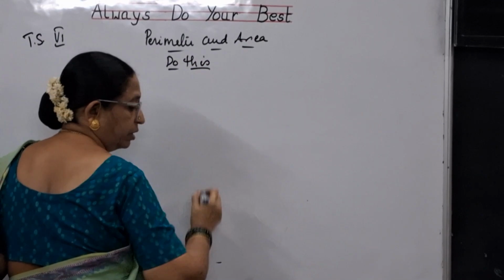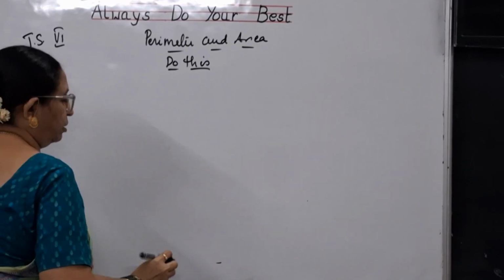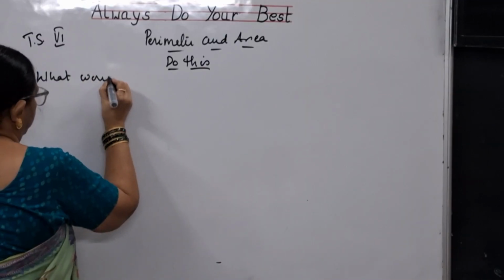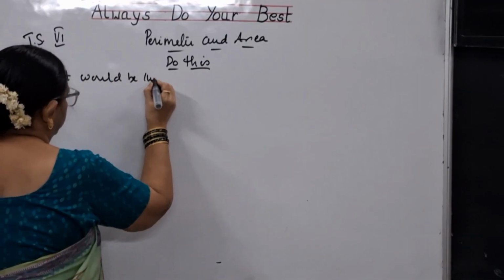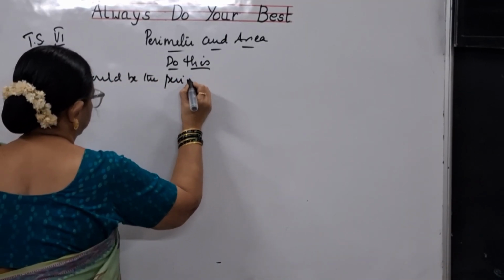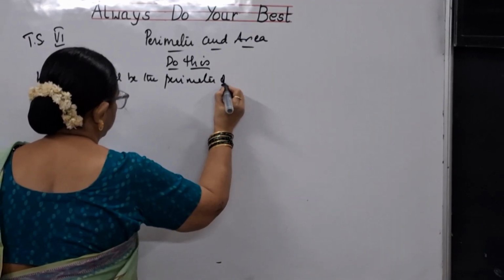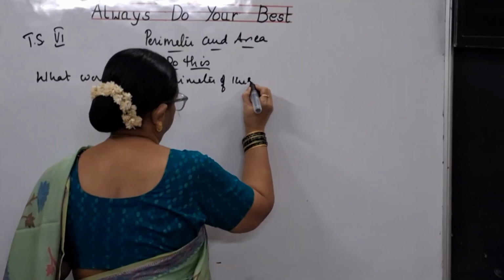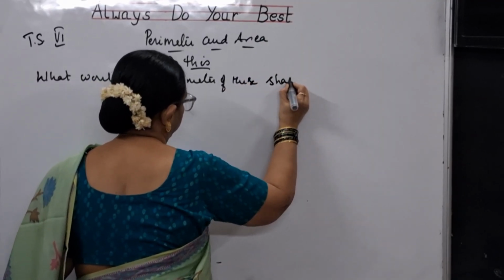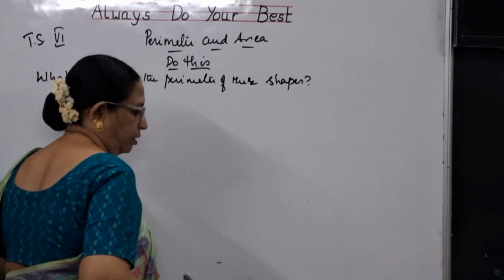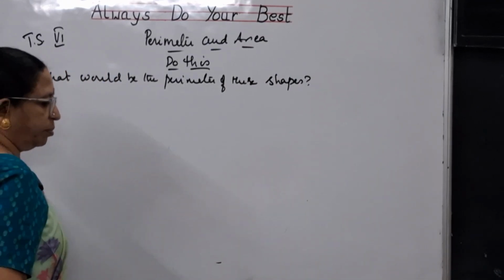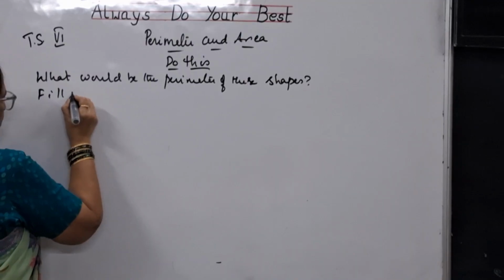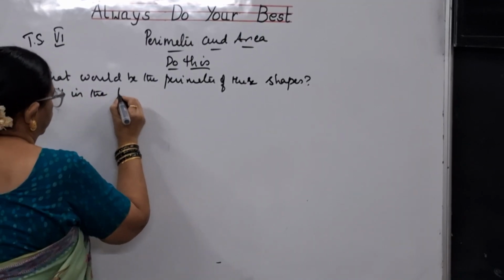So, what would be the perimeter of these figures, of these shapes? They have given certain shapes, you need to find out. Fill in the blanks given. You have to fill in the blanks.